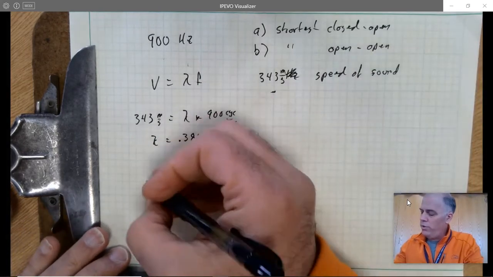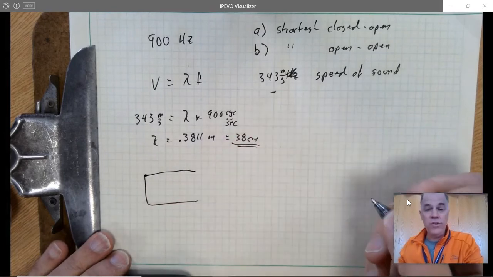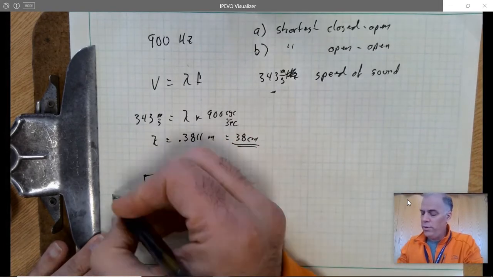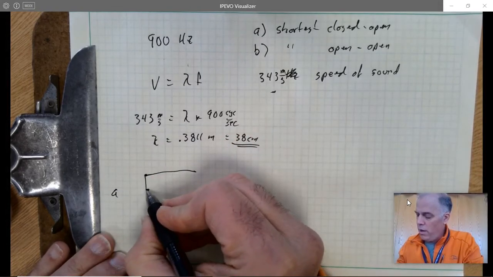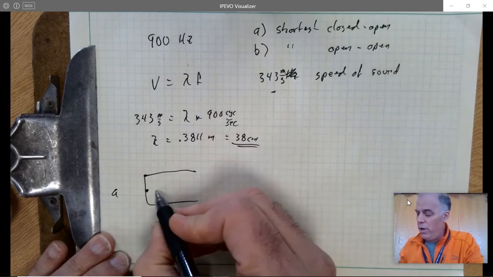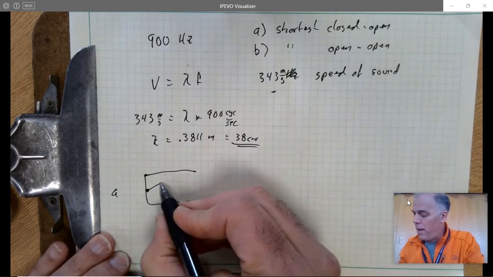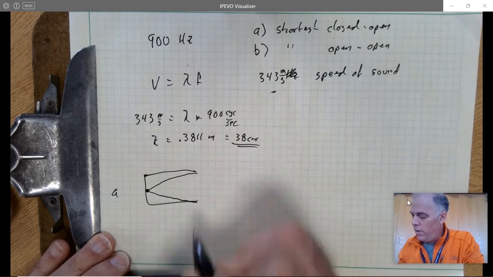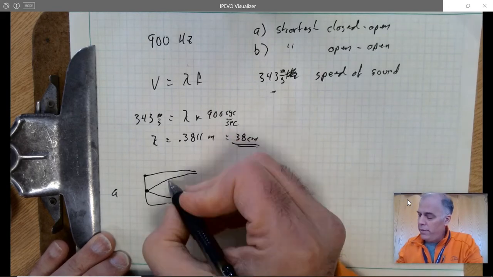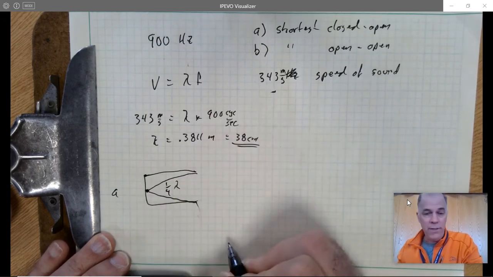So the closed pipe is a shape like this, open at one end, closed at the other. And as you recall, for a closed end pipe, we have to have a node at the bottom of the pipe and an antinode at the mouth of the pipe. This is 1/4 of a wavelength.